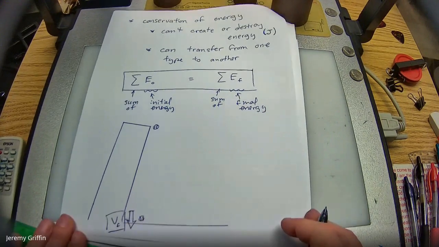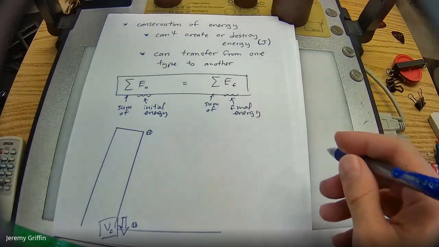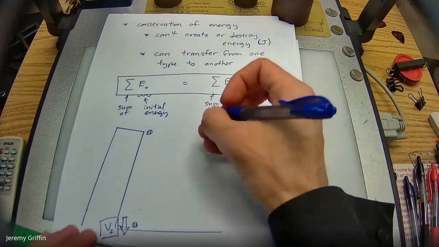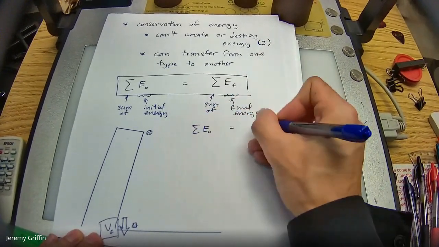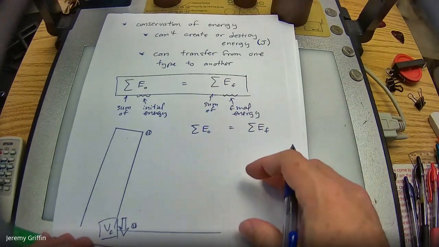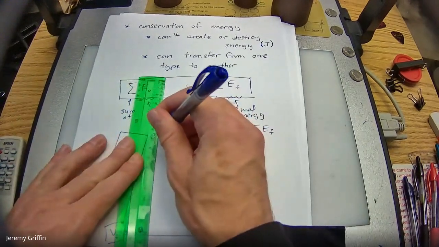What is the speed? Solve for that. I'll do this new method right here. So the sum of energy initial equals the sum of energy final. Let's solve this in terms of variables and then plug in some numbers. Oh, I have to give you a height change.